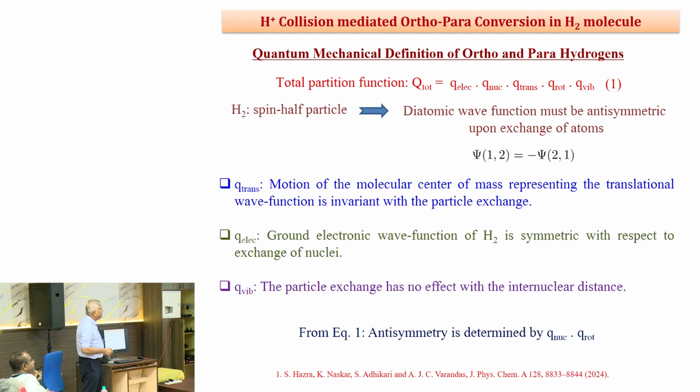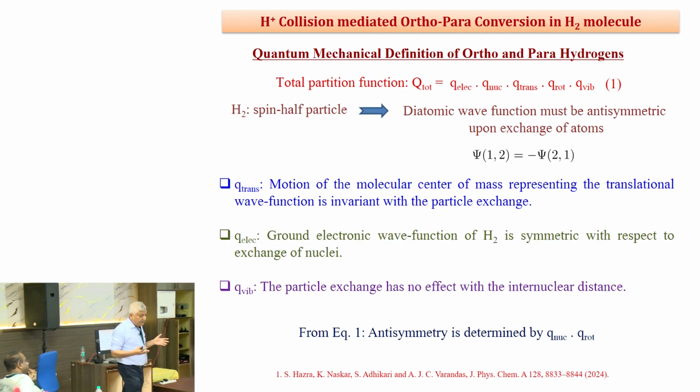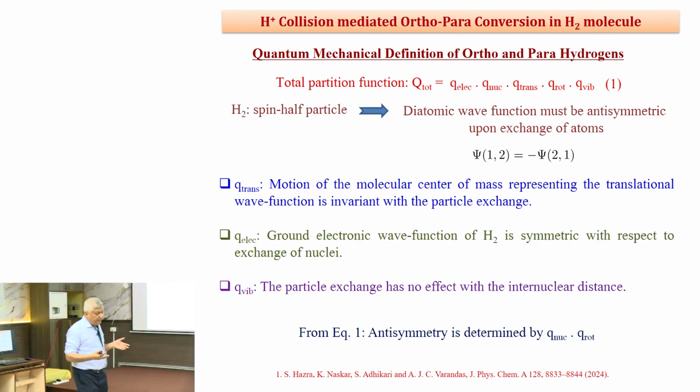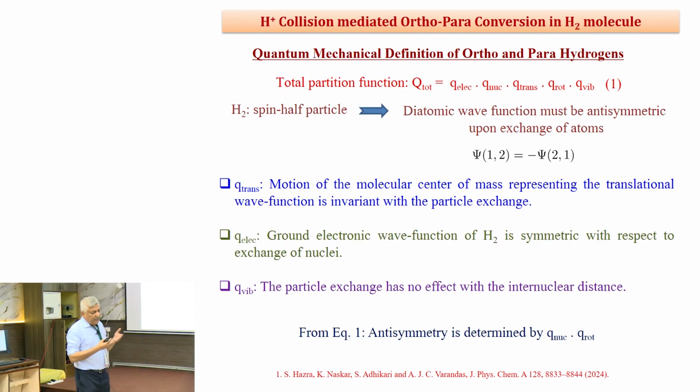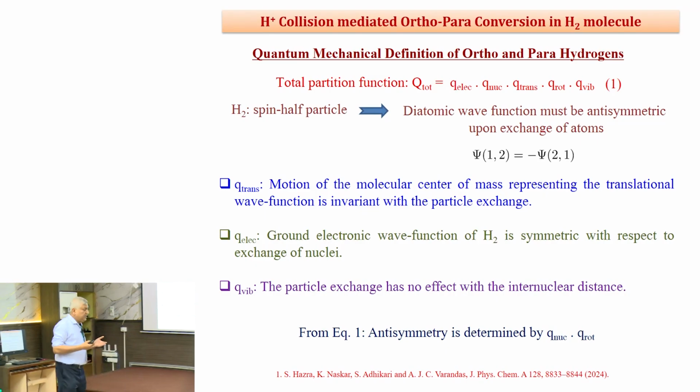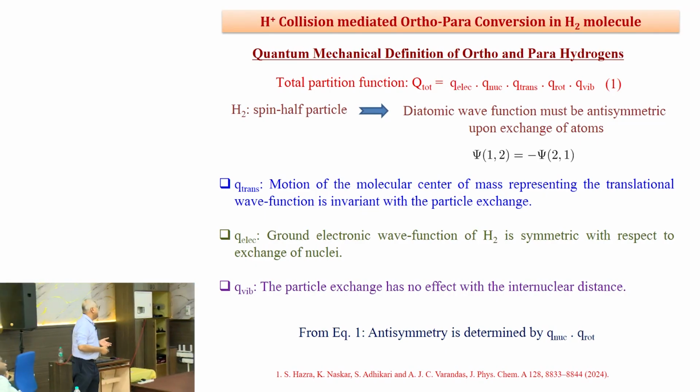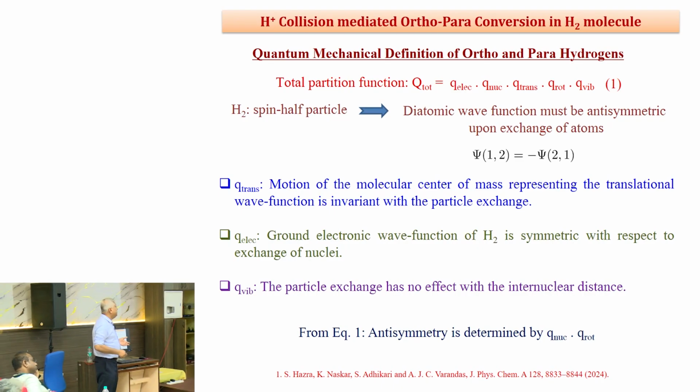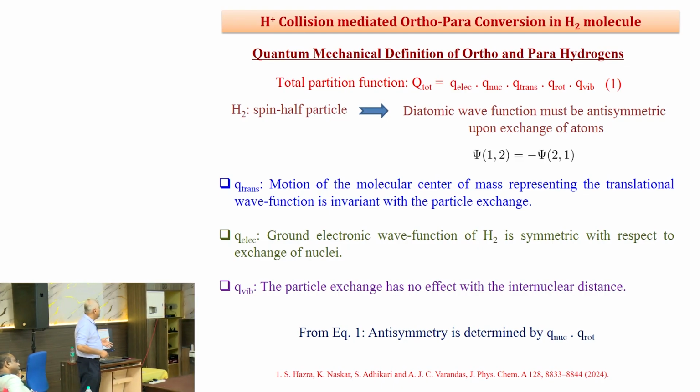Except for nuclear and rotational, since while producing the surface you already took the antisymmetric wave function for calculating the electronic potential energy surface, that is taken care of. Translation doesn't change and vibration doesn't change. So the only change is nuclear and rotational.